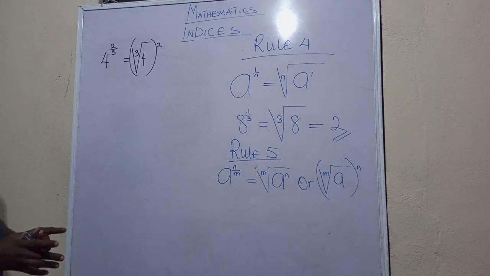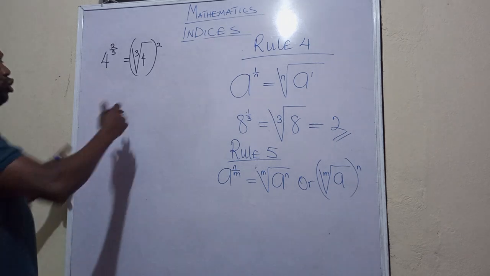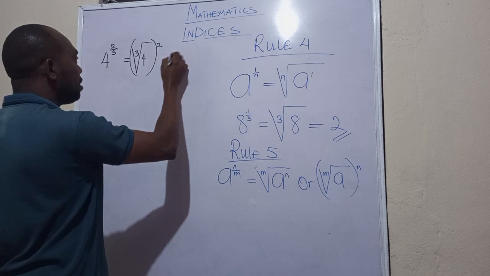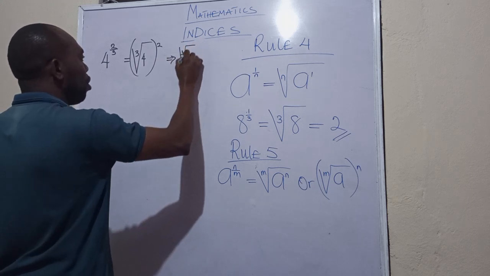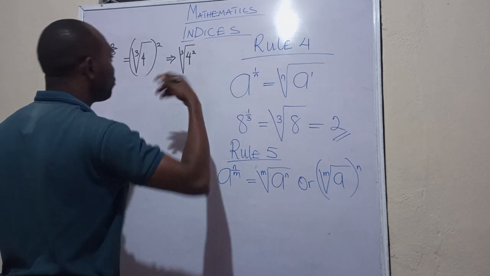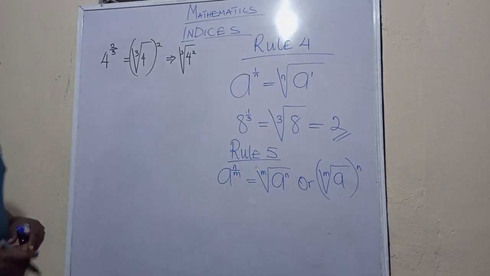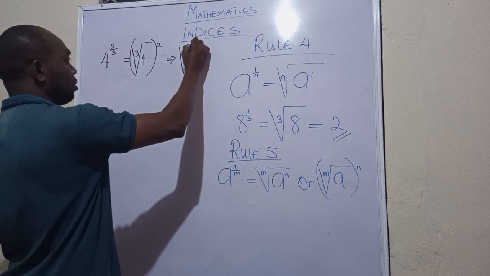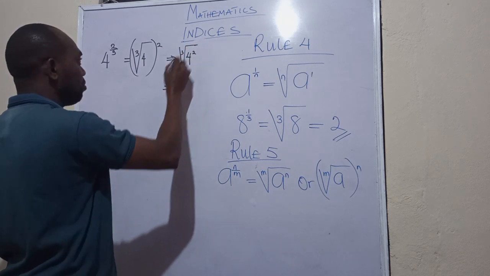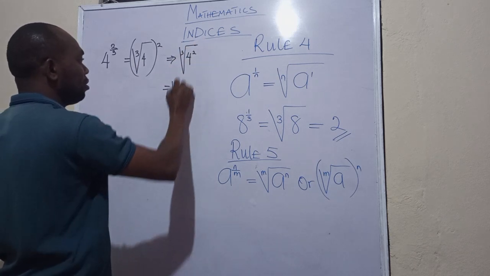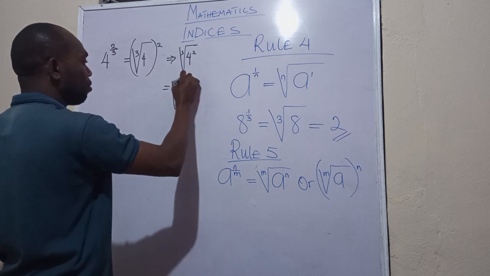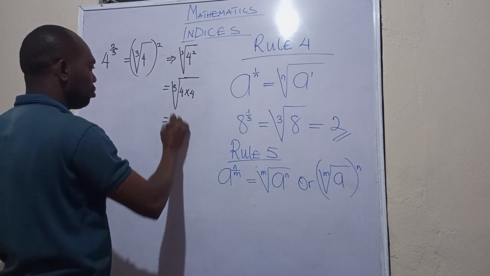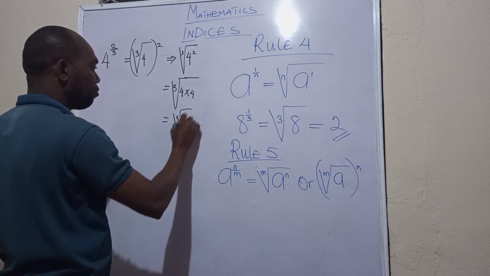You cannot simplify it, but rather, these other methods have a play in it, which is now going to be 3 roots of 4 raised to the power of 2. Now, at this point, you can express it by saying it's going to be 3 roots of 4 times 4, and that will lead us to 3 roots of 16.